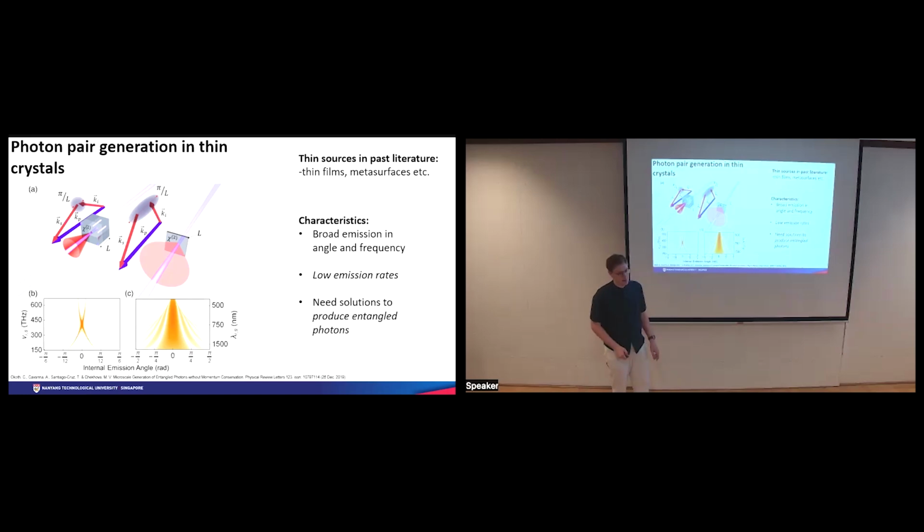Actually, the biggest downfall when you want to reduce the interaction length is that obviously you will also have a low emission rate, very low emission rates.